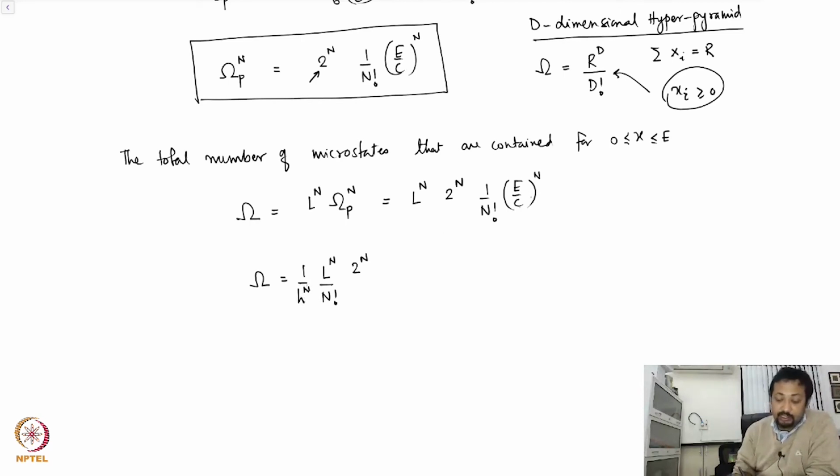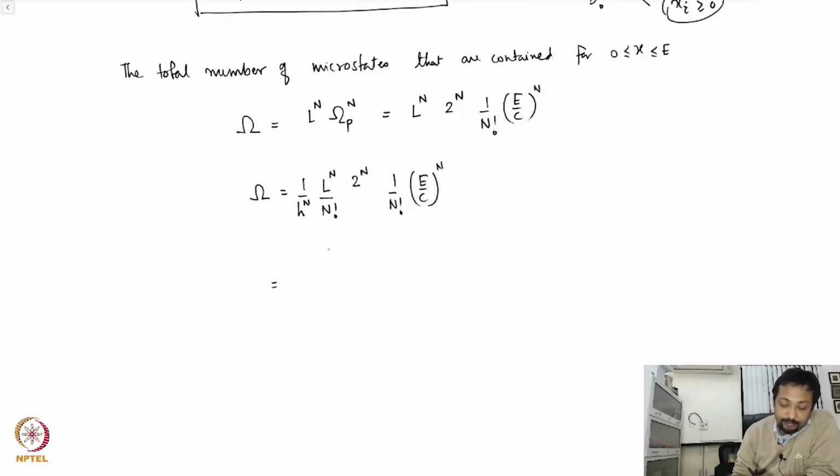Essentially that non-dimensionalizes this, because you can see that this is a dimensionful quantity, and I have again a 1 by n factorial, E by c raised to the power n, so that I have 2 to the power n by h to the power n. We will take the h inside, and we will say that this is L to the power n over n factorial square, E over hc raised to the power n.